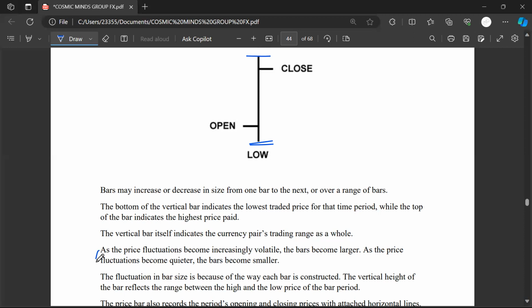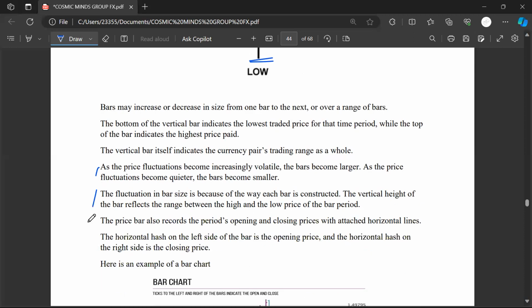Now, the fluctuations in bar size are because of the way each bar is constructed. The vertical height of the bar reflects the range between the high and the low price of the bar period, right? The price bar also records the period's opening and closing prices with attached horizontal lines.